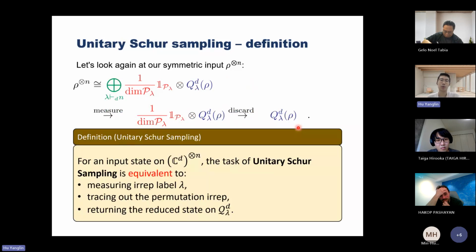This is what we call the unitary Schur sampling. So for an input state on C^d tensor n, the task of unitary Schur sampling is equivalent to first measuring the irrep label lambda, then discarding the permutation irrep, and then returning the reduced state on the Q lambda d subspace. This is what we call the unitary Schur sampling.